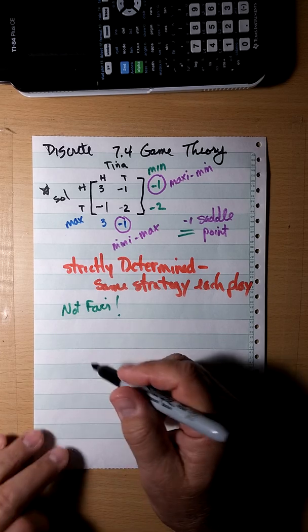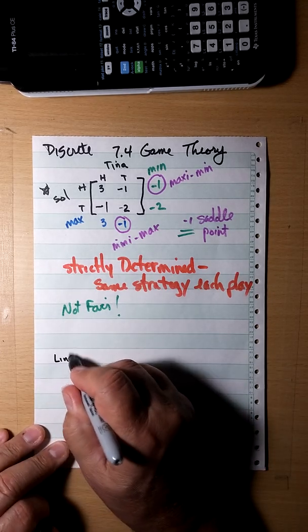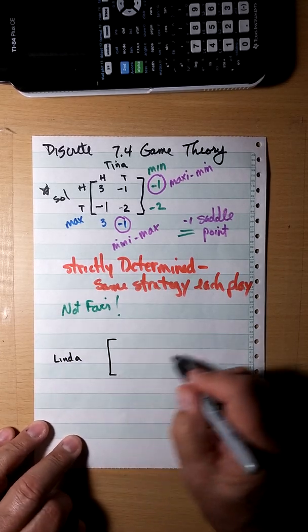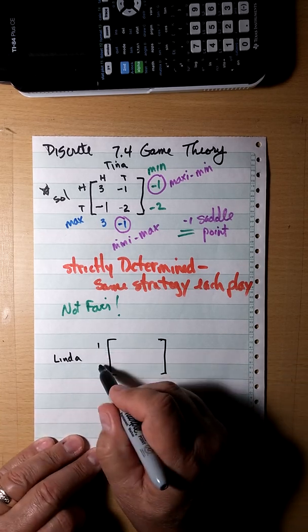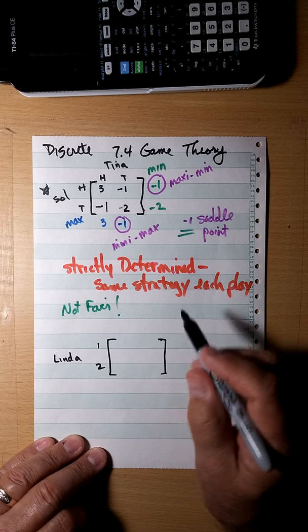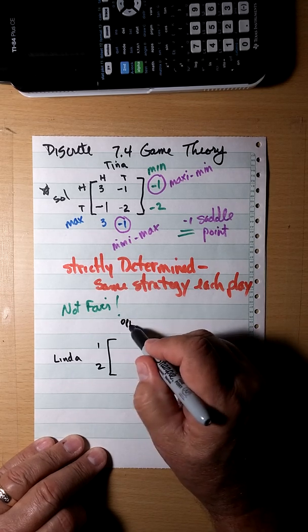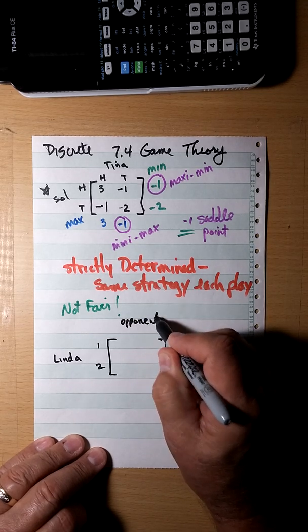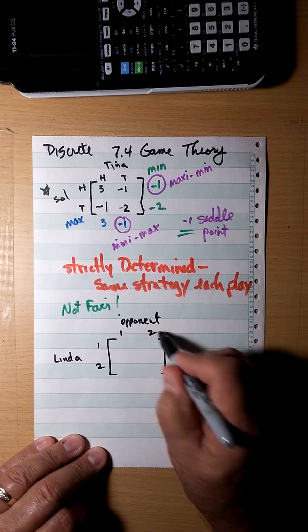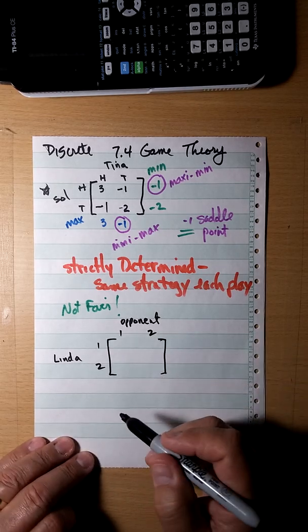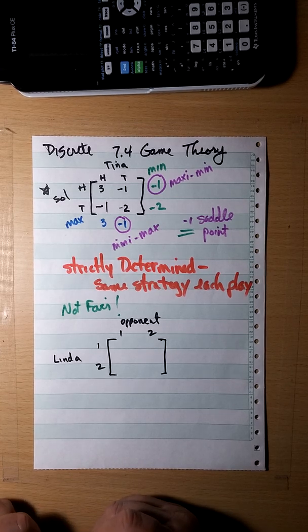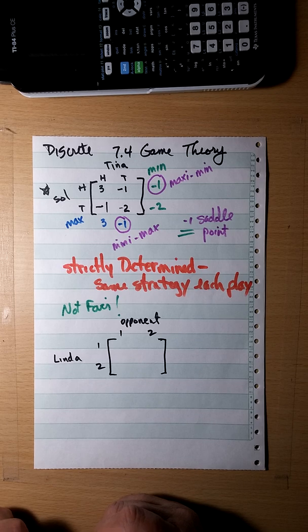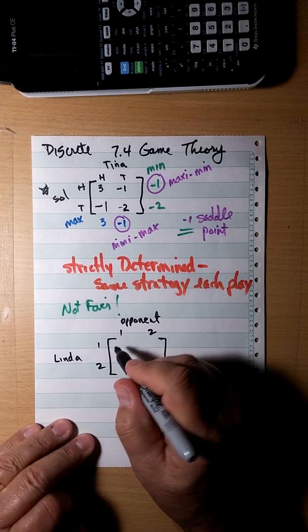So this is from Linda's perspective. And so Linda can either have 1 finger or 2 fingers. And whatever the opponent is here can either do 1 finger or 2 fingers. So, once again, Linda says, if the sum of the fingers is 2, then Linda gets $5.